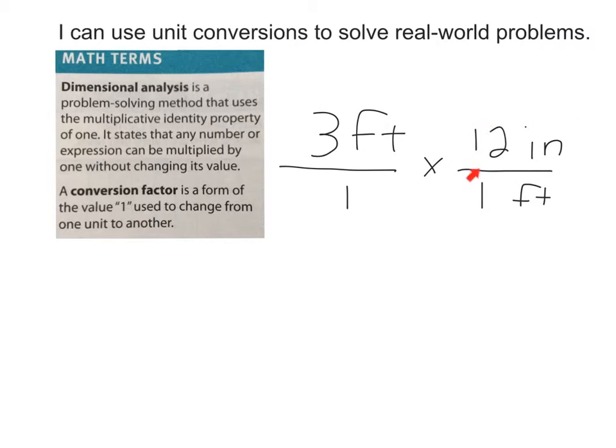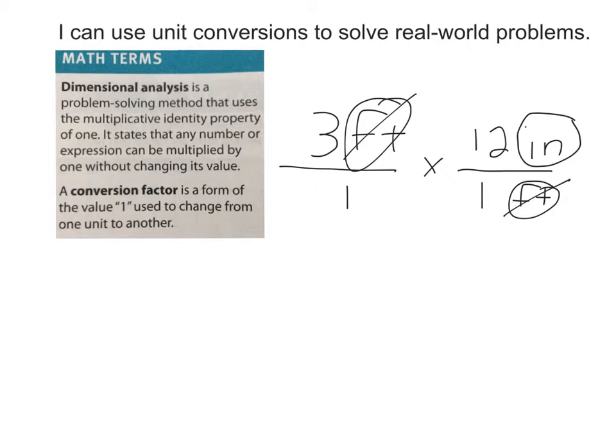Inches is what I'm trying to end up with. Feet is on the bottom. Feet will cancel out. It needs to be on the opposite side of the fraction bar as the other unit, which is the same unit, to cancel it out. So in this case, feet is going to cancel out because they are on opposite sides of the fraction bar, and I will be left with only inches.